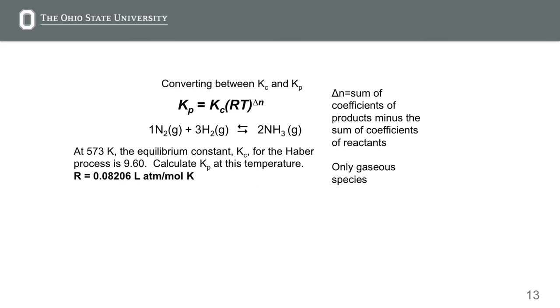If we look at our equation, we're solving for Kp. We know our Kc value, that's 9.60. We know our temperature, and it's in Kelvin, that's important. And we know R, it's in liters times atmospheres over moles Kelvin, which is going to allow us to go from a concentration to an atmosphere.